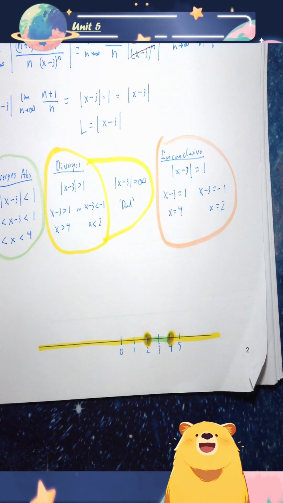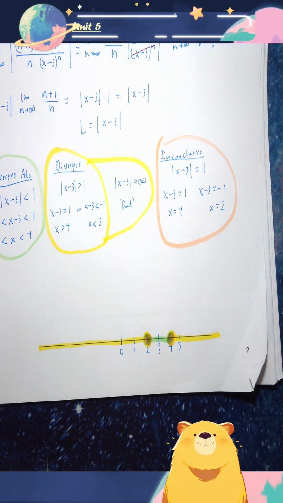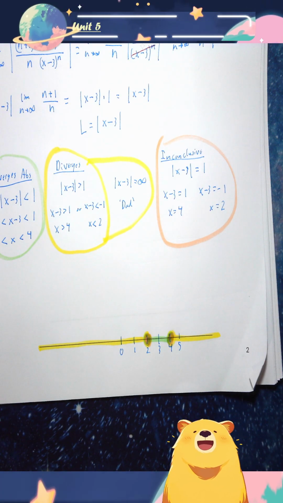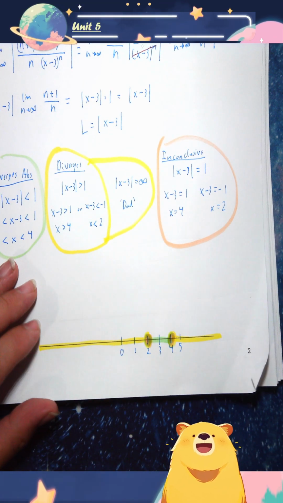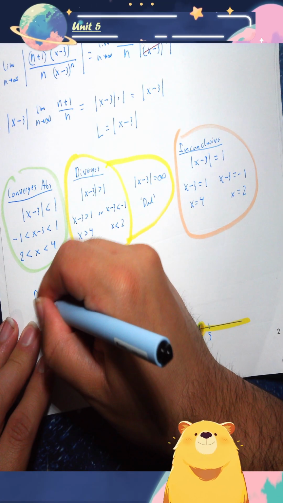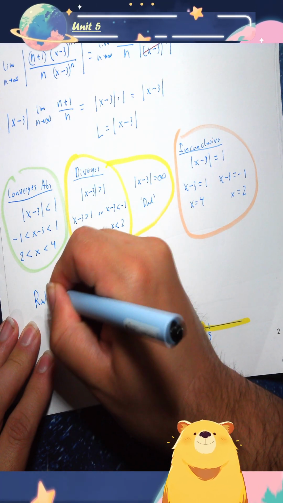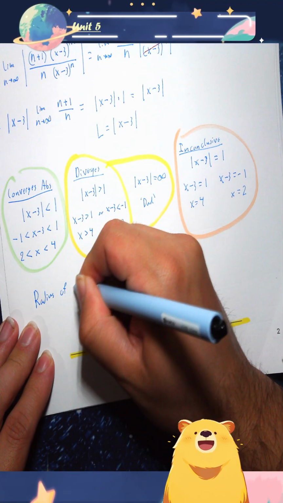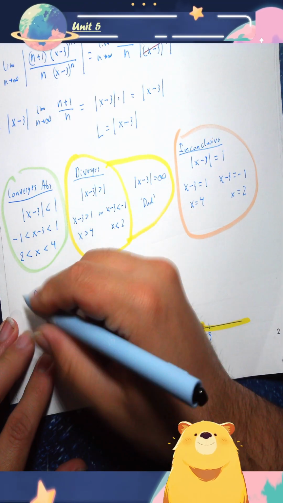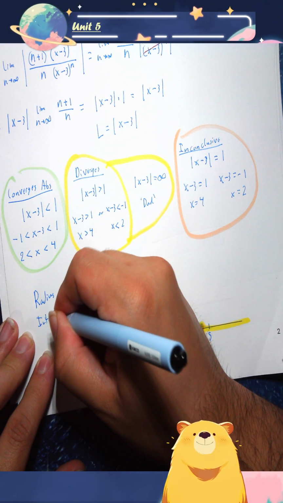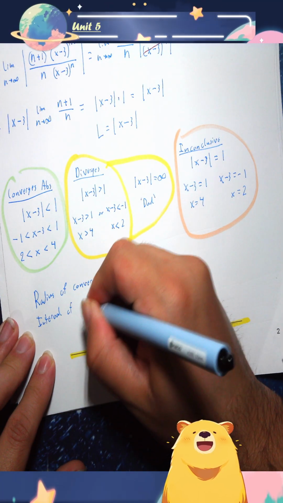Now, a couple of things. At this point, there's going to be a style of questions you're going to get asked. Let me just sneak to the future real quick. You're going to get asked for the radius of convergence, and then the interval of convergence.